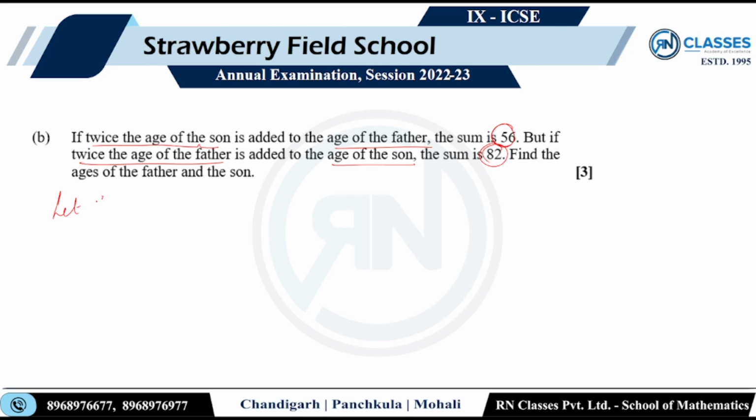Let son's age be x and father's age be y. The first equation, twice the age of son added to age of father, the sum is 56. Twice the age of father added to the age of son, the sum is 82.